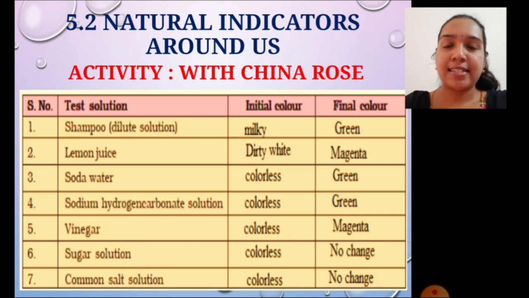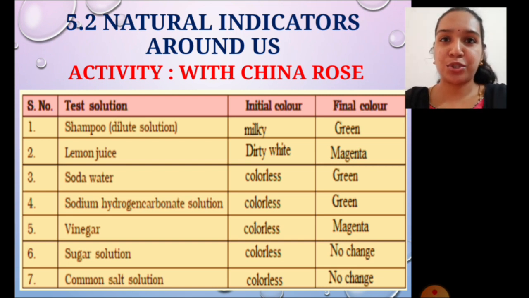Here is the list of solutions which were tested with China rose indicator, and the results are also shown here. Lemon juice turns into magenta or pink color as it is acidic.